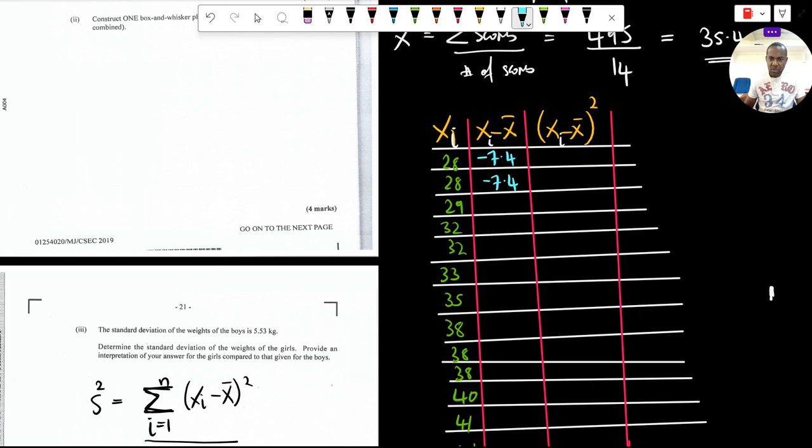29 is 1 greater, so this is going to be negative 6.4.